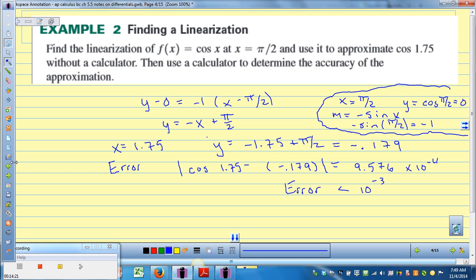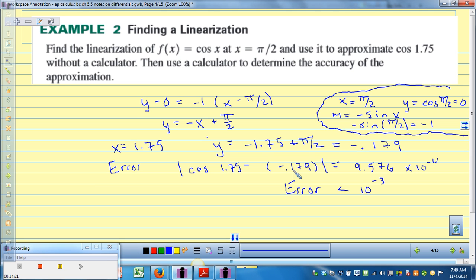And it would probably be to your benefit to, when you get your answer, we've rounded to 3 decimal places, but it would be to your benefit to store that in a variable in your calculator out to as many decimals as possible. And then use that as your subtraction, just to be more accurate. Okay? All right. Anything else?